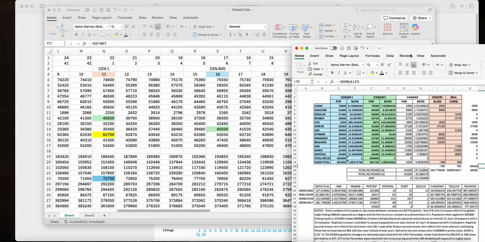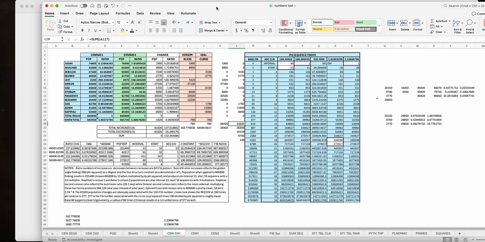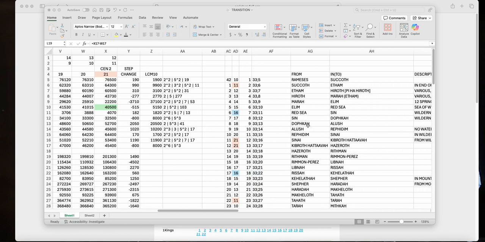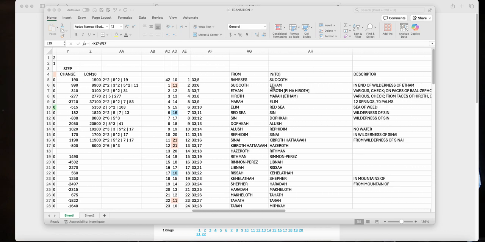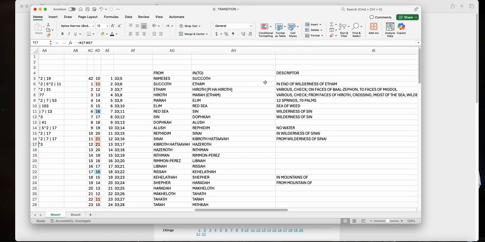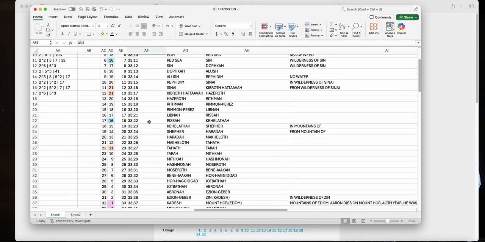So getting back over here, where was I going with that? We have a step change happening, and then also we're looking, okay, well, we're going to run into 42 different stops. So we know when we actually go in and we're going to read up on these, and this is going to be in Numbers chapter 33, and all of these verses right here.